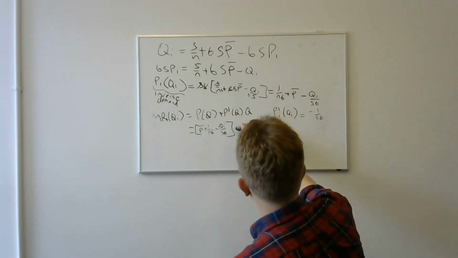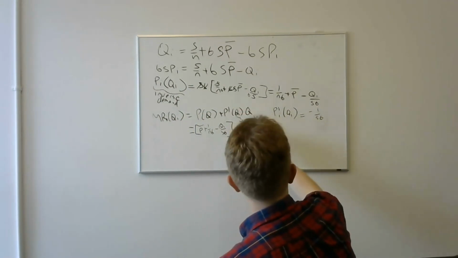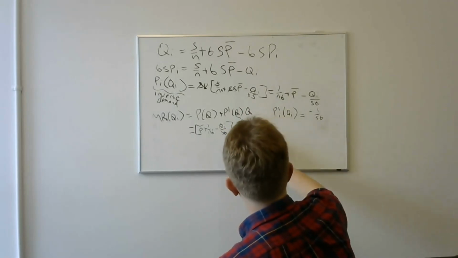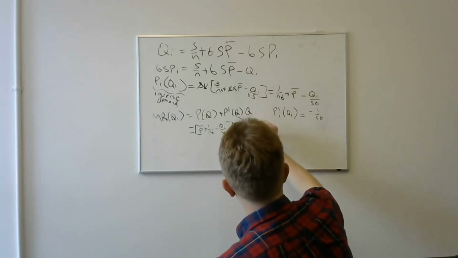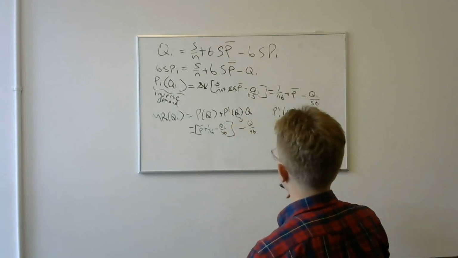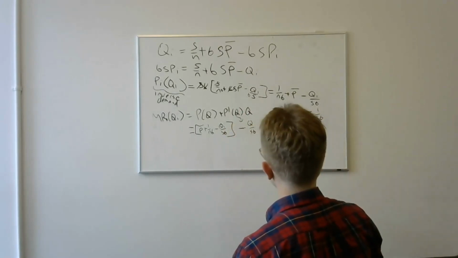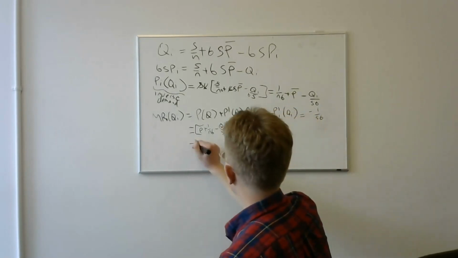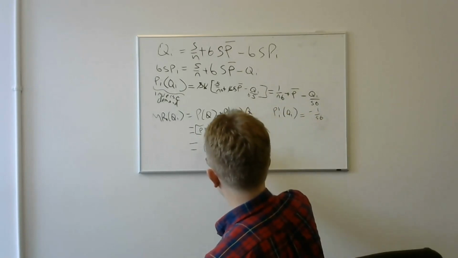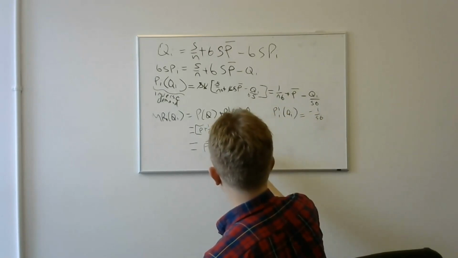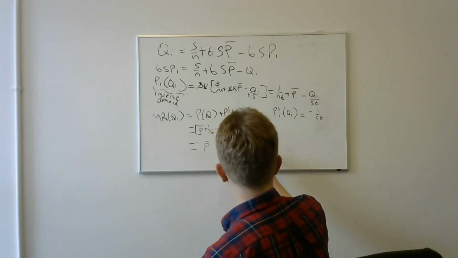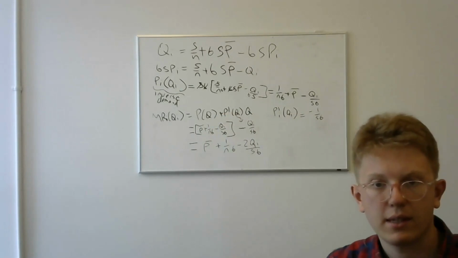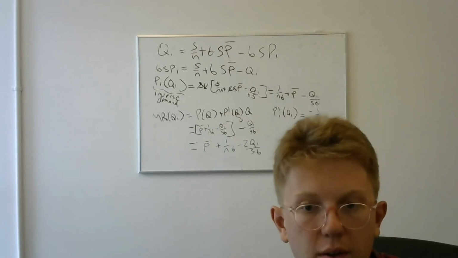So this second term is now minus 1 over SB times Q, so it's minus Q over SB. That becomes P bar plus 1 over NB minus 2 Qi over SB. So that's how we figure out what marginal revenue is here.